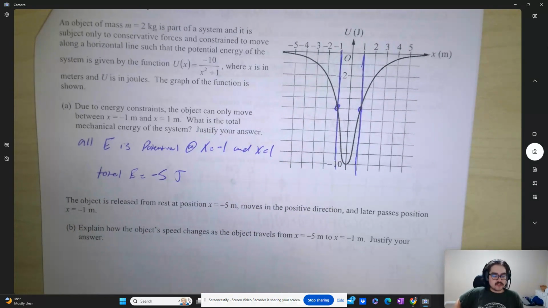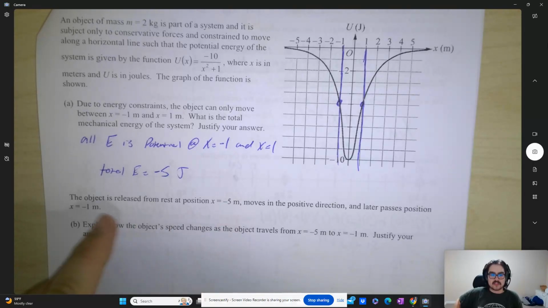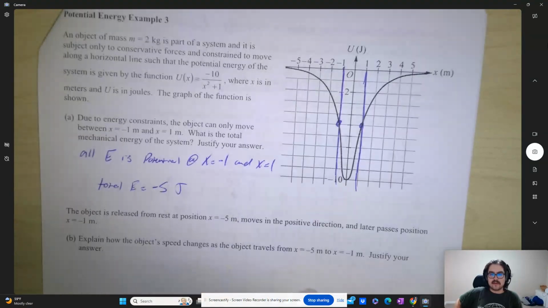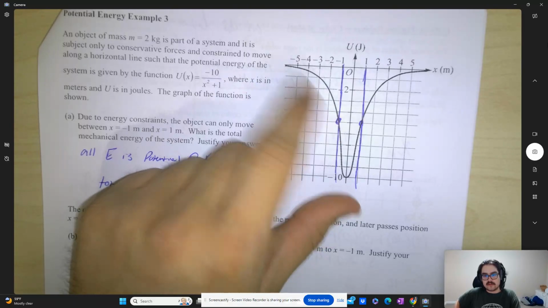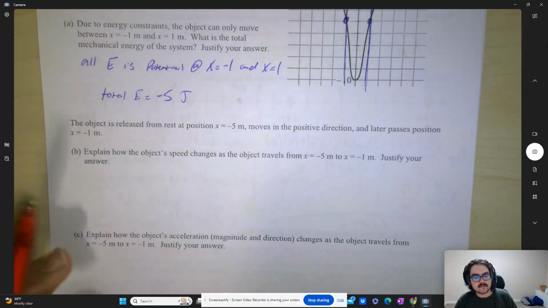Object is released from rest at position -5 meters, moves in the positive direction, later passes position -1 meters. How does the object's speed change as it travels from -5 to -1? Going from -5 to -1, you notice the entire time the slope is decreasing and it's getting steeper. That's more for acceleration.